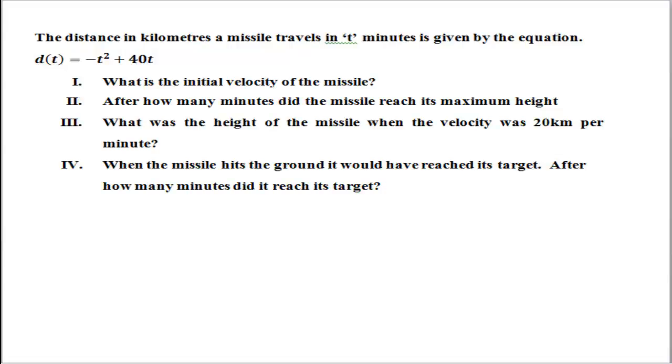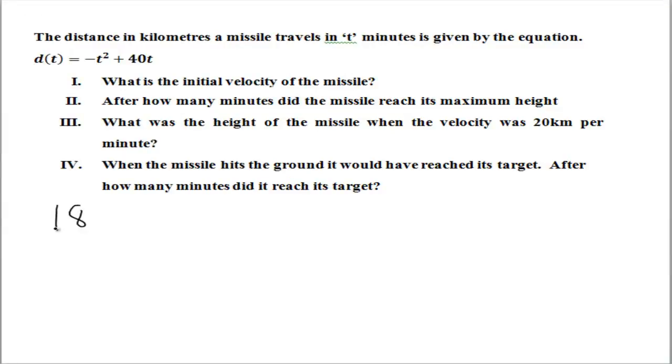This problem is G18 and it's another problem on rate of change. What we're looking at is the distance in kilometers a missile travels in t minutes, given by that equation. So firstly we need to find the initial velocity, that is 18.1. Your velocity would be d prime of t, which is v of t, equal to minus 2t plus 40.